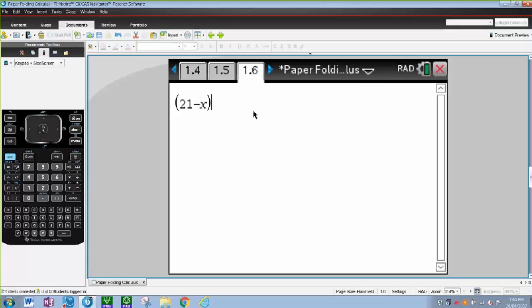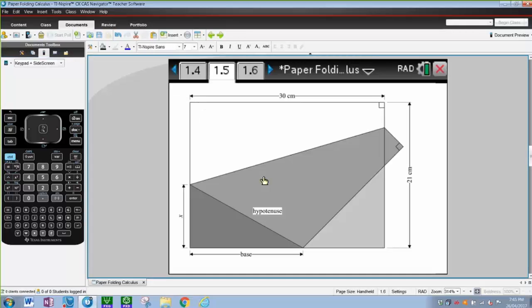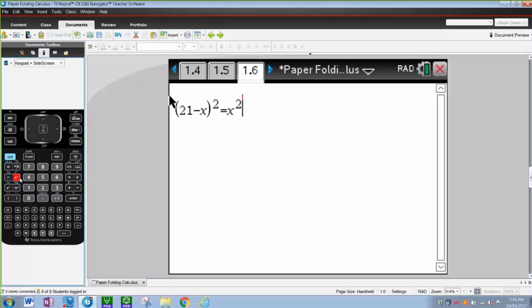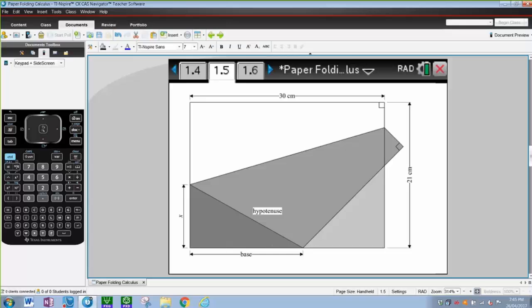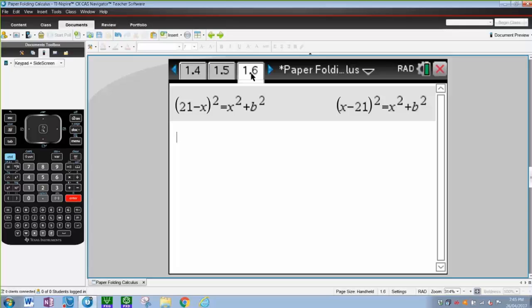That is the hypotenuse squared done. Then we equate that to one side, which is x, squared, plus, going back to the diagram, our base there, let's just call that base b for simplicity. When I hit enter, I just end up with the same equation there.